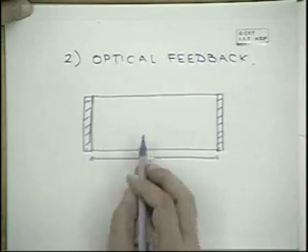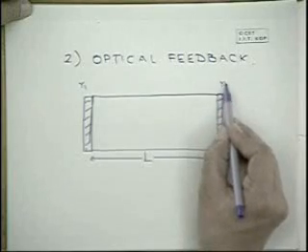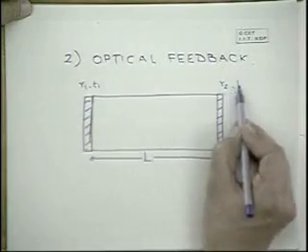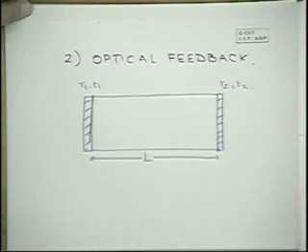Let us say that the reflection coefficients of the mirrors are R1 and R2, and the transmission coefficients are T1 and T2. This is the gain medium.